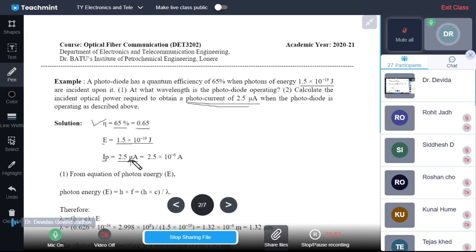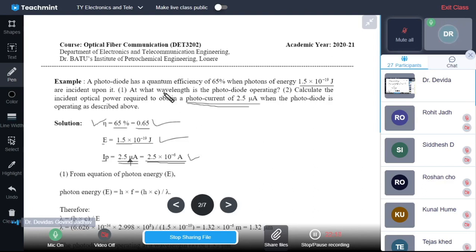This micro we can replace by 10 raised to minus 6, so 2.5 into 10 raised to minus 6 ampere. So this is the given data: eta is 0.65, E is 1.5 into 10 raised to minus 19 joule, IP is 2.5 into 10 raised to minus 6 ampere. And what is asked to calculate?